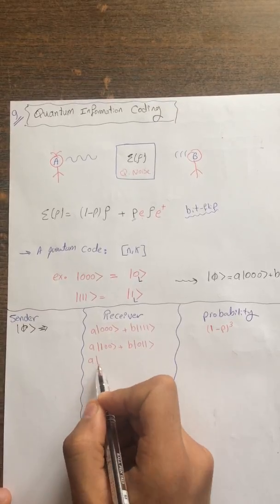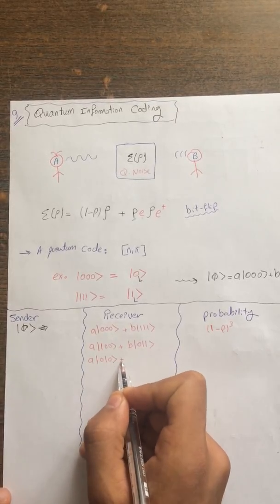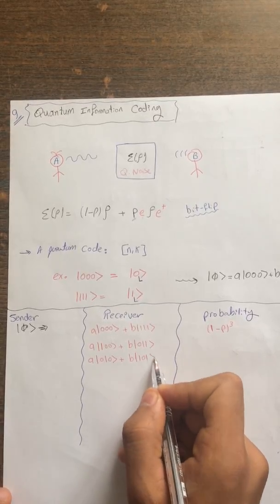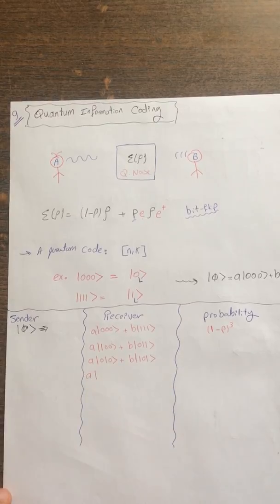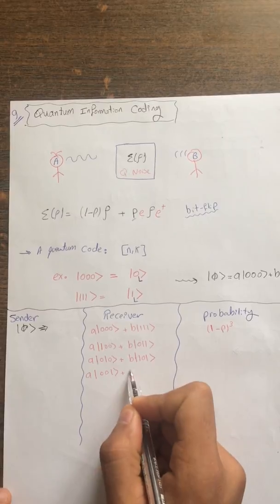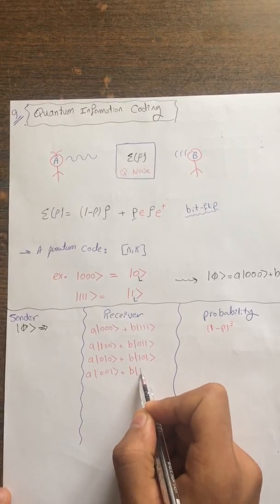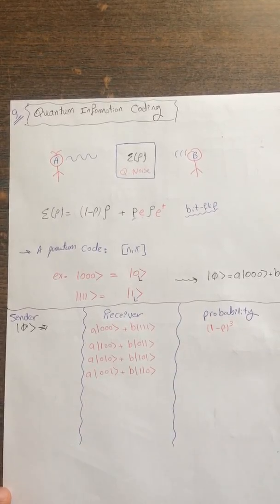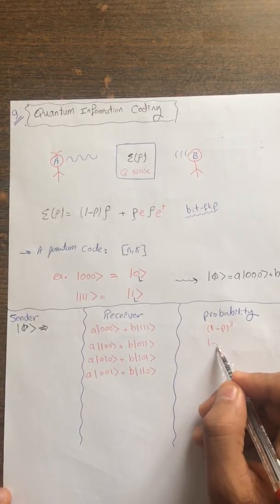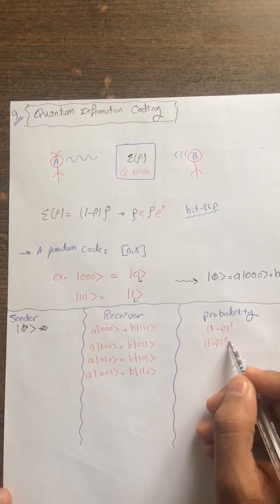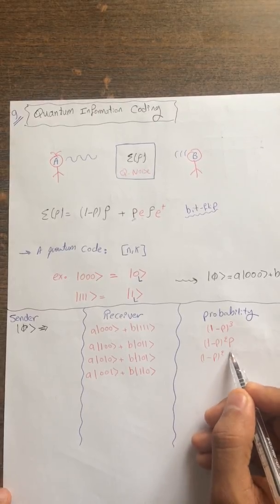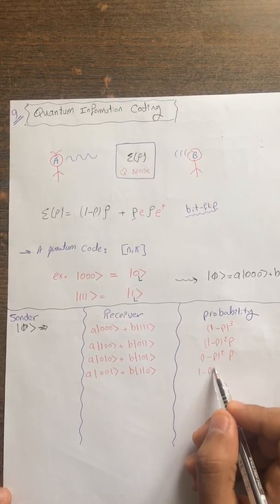Or you make another one, 0, 0, 1 with 1, 1, 0, and the corresponding probability for this kind of operation is (1 minus p) squared with p, right? Here (1 minus p) squared with p, and here it's the same.